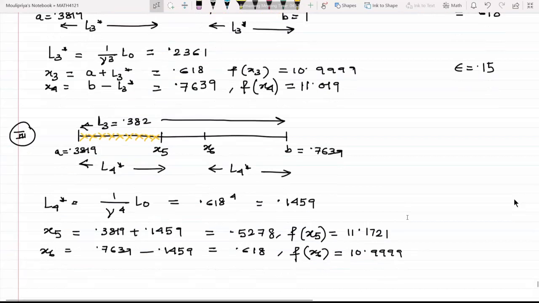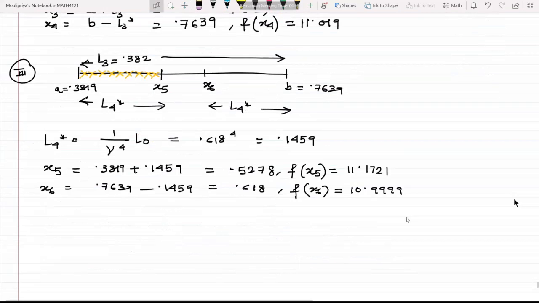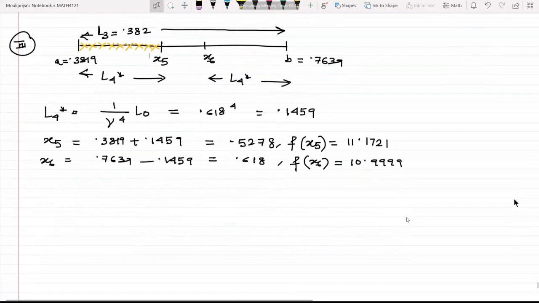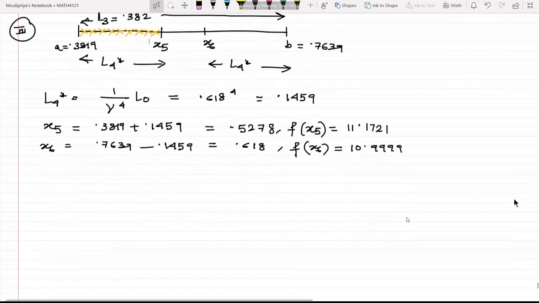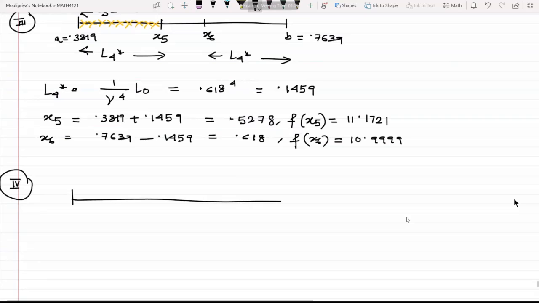The next iteration is going to be A, which is X5, that implies it's 0.5278, and B as usual is 0.7639. This is going to be L4.